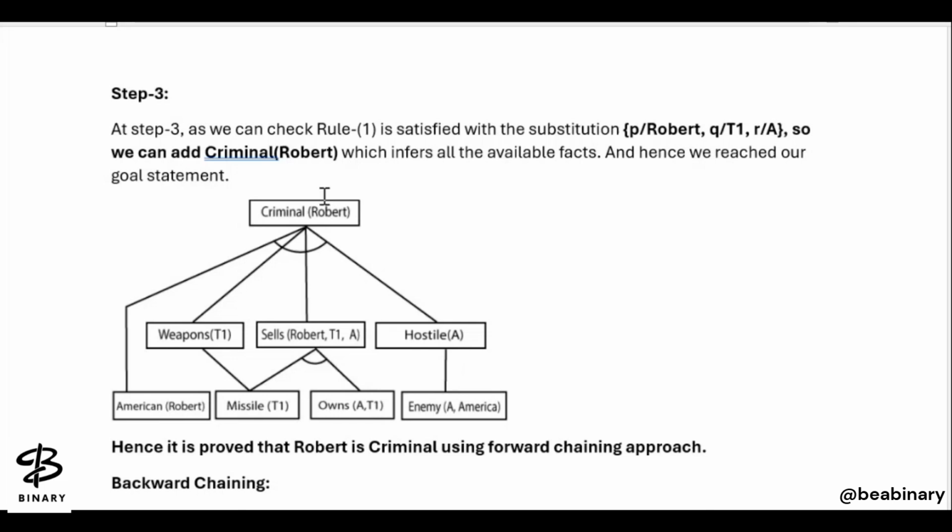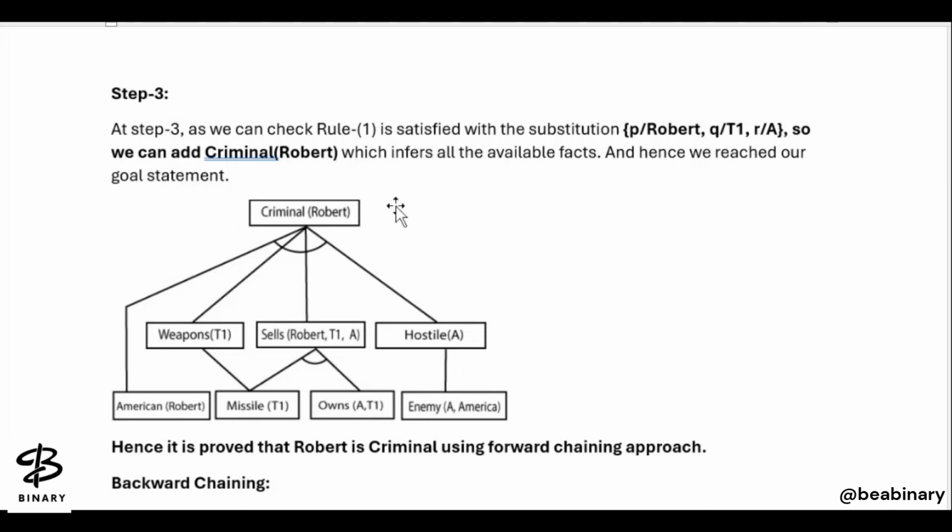At the second step, we infer other facts from the goal fact which satisfy the rules. As we can see in rule 1, the goal predicate Criminal(Robert) is present with substitution of Robert for P. So we add all the conjunctive facts below the first level and replace P with Robert. What facts have we found?